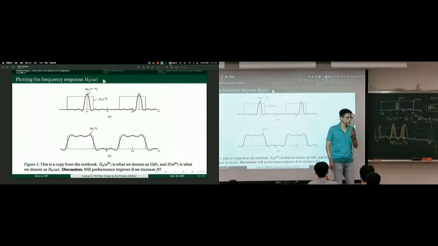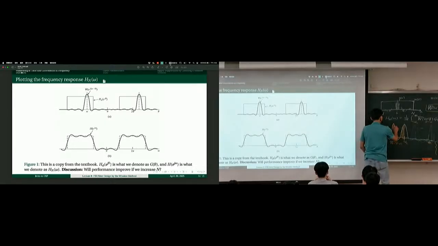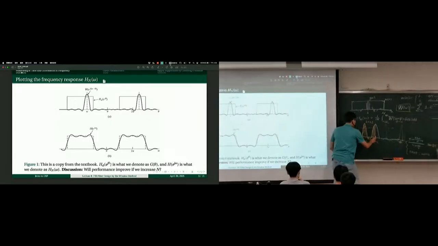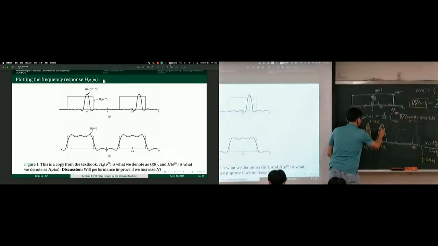And the main lobe actually has an area of 1 plus 2 delta. It's slightly larger than 1. I'll come back to this. It's already pretty busy, but hopefully I will be working on this.